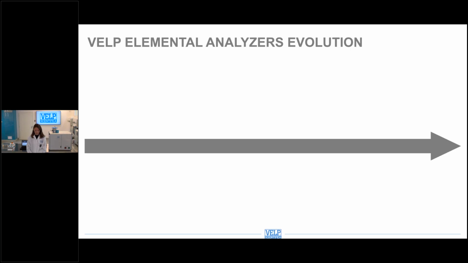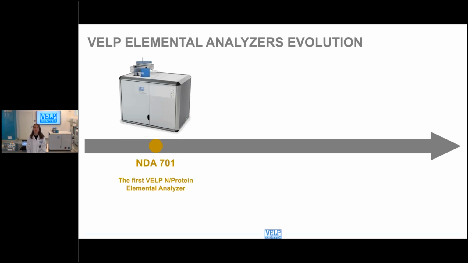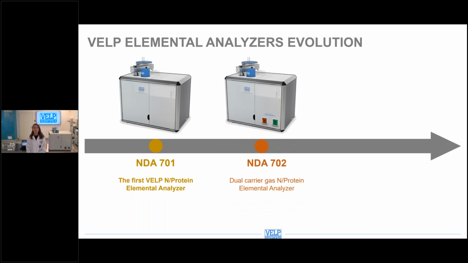In 2010, Velp introduced the first elemental analyzer, the NDA 701. It is the first analyzer for nitrogen and protein determination, and it works with helium as a carrier gas. Then, a couple of years later, we introduced the NDA 702.